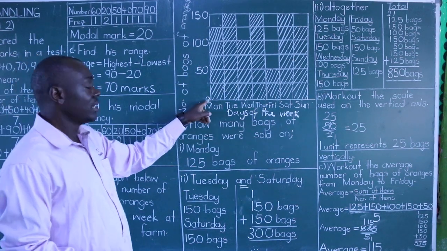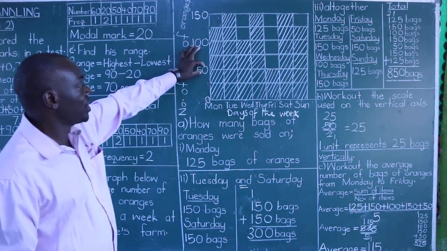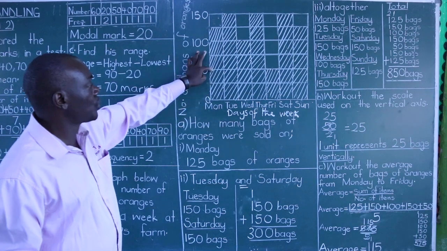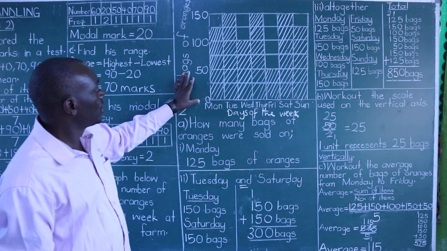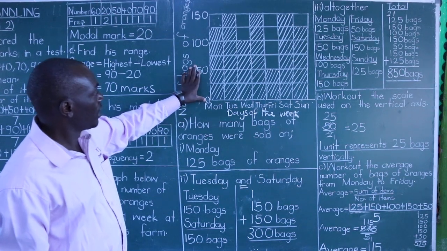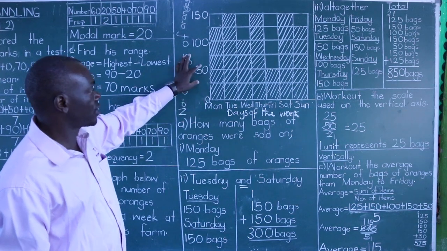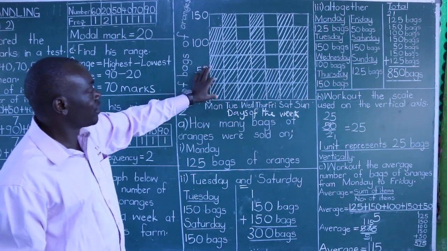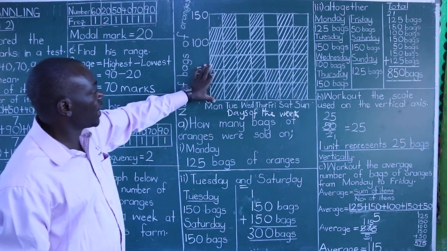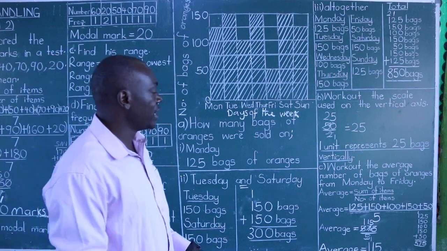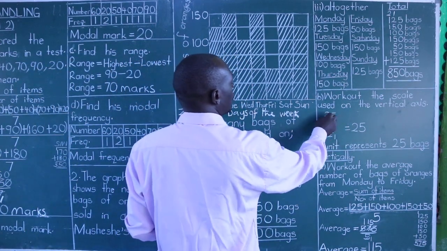So look at the first labeling, labeled 0, then the labeled 50. After how many squares? 1, 2 squares or 2 units. So what you do, you get the difference between 0 and 50, which is actually 50. From 0 up to 50 is a 50. So 50 divided by the squares or the units. You go 50 divided by 2 and then divide accordingly. So we go by 2 once. 5 divided by 2 is 2.